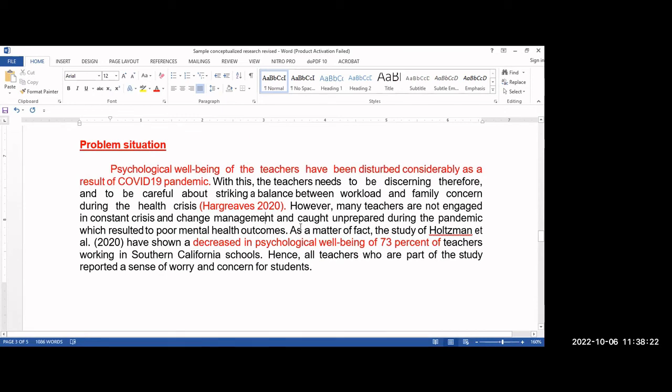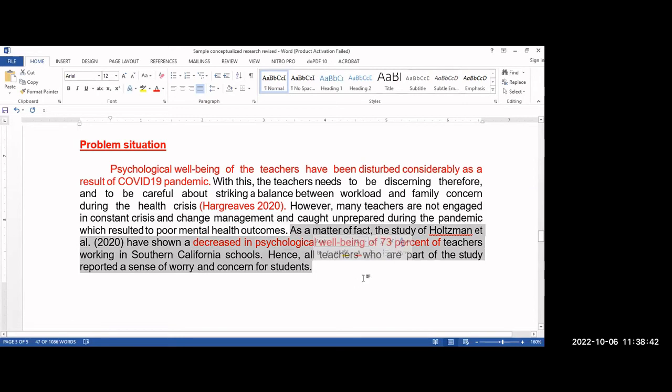Okay? As a matter of however, many teachers, okay, are not engaged in constant change and crisis management, caught unprepared during the pandemic, which resulted to poor health outcomes. So this is another statement of mine, but supported with another literature.